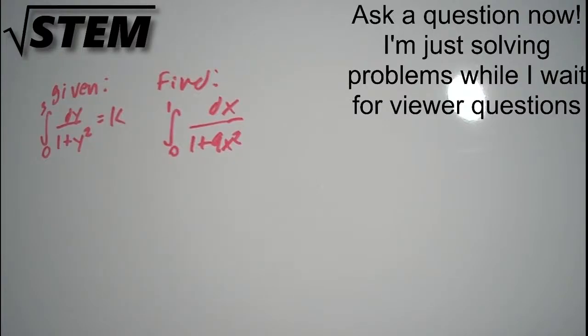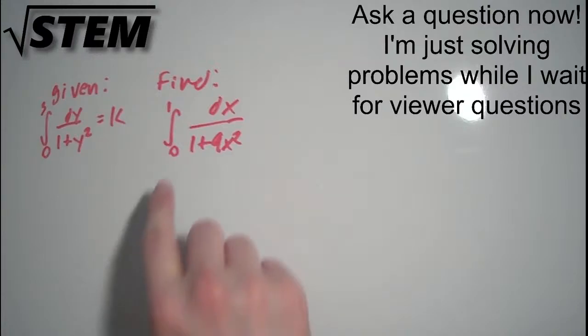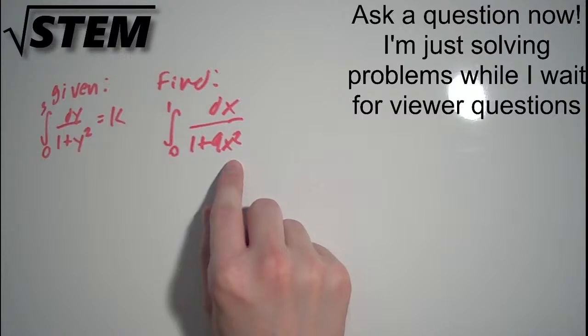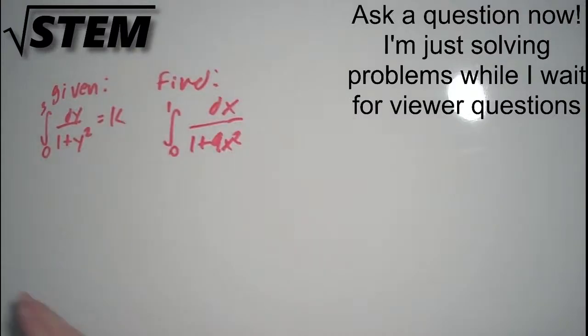And how do we deal with that 9? It's not like it's 9 plus x squared where we can factor out the 9 and have our variable divided by a number, which makes for an easy fix with a substitution.